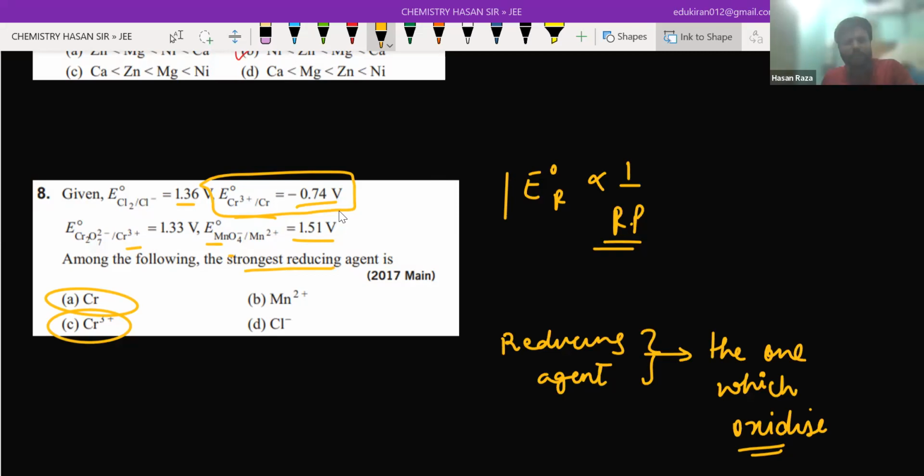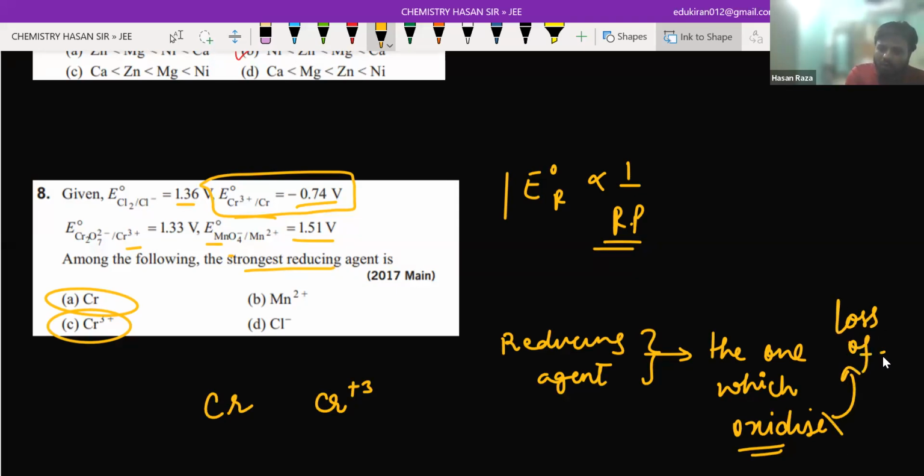Okay, the one which gets oxidized. Now, can you tell me Cr or Cr plus 3, which one will get oxidized? Oxidized means loss of electron. So loss of electron will happen from Cr to Cr plus 3. That's why the answer is A.